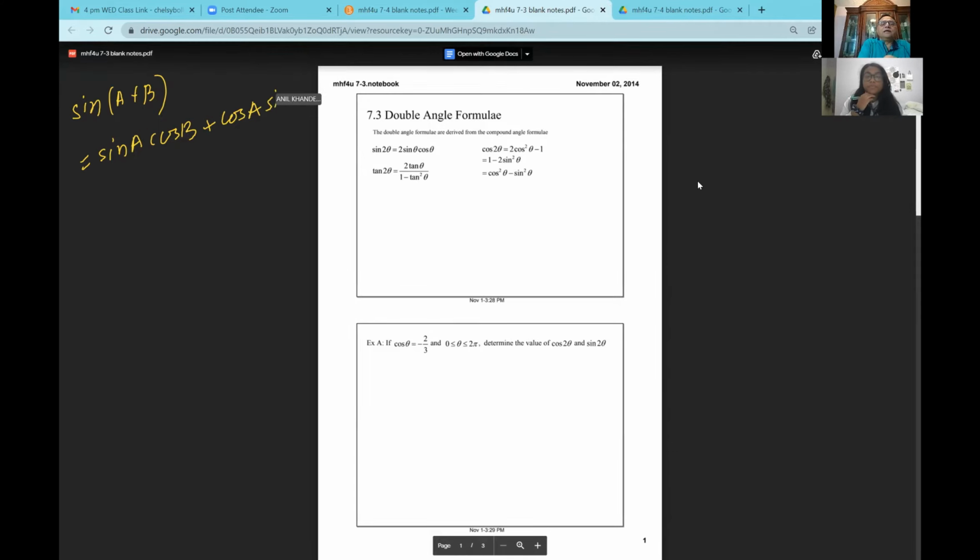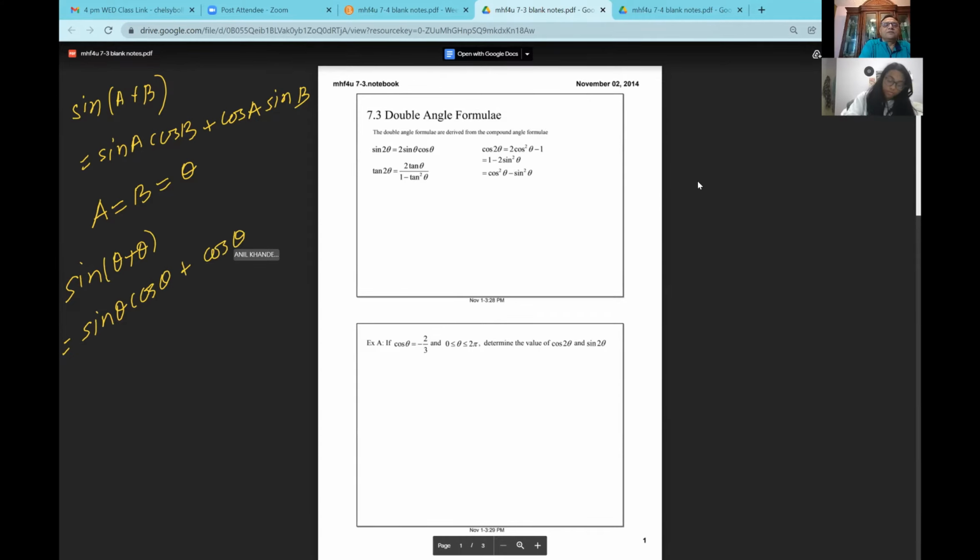To get double angle formulae, we write A equals B equals theta. Simple as that. So we get sine of theta plus theta equals sine theta cos theta plus cos theta sine theta, right? And that gives you sine of 2 theta equals 2 times sine theta cos theta. So it doesn't really take much time.